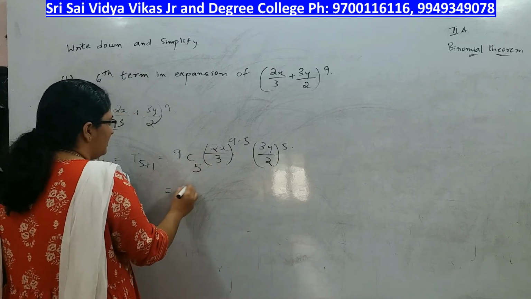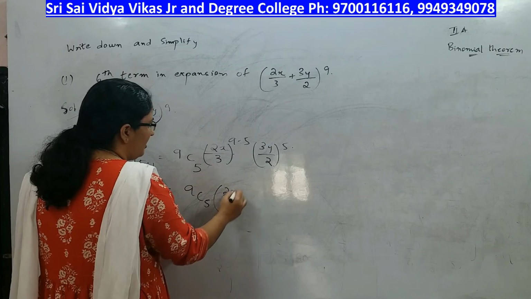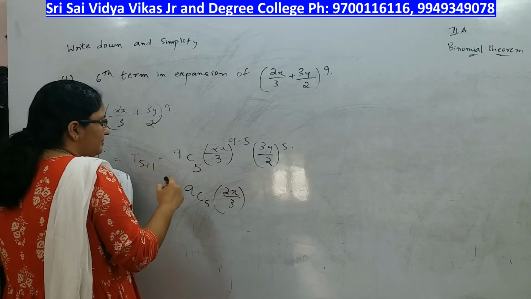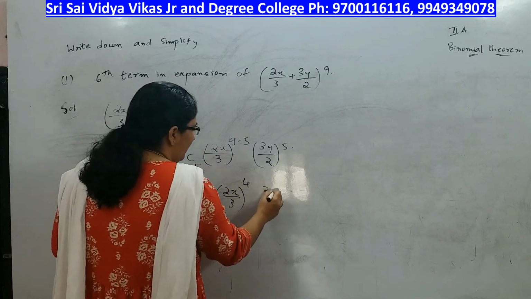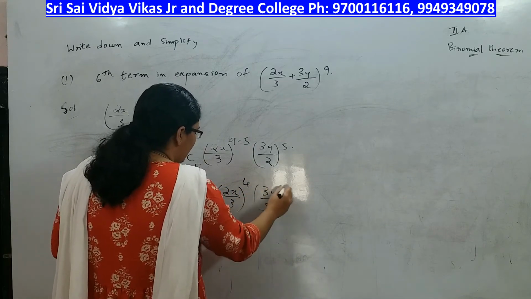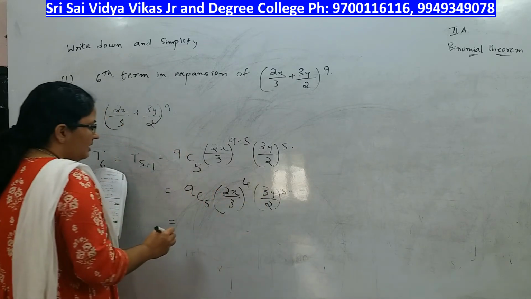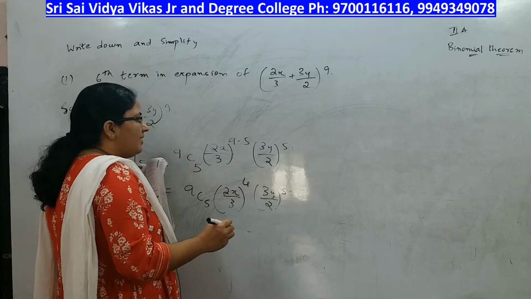That is 9C5 (2x/3) whole power 9 minus 5 is 4, (3y/2) whole power 5, which is nothing but 9C5 is 9 factorial by (9 minus 5) factorial into 5 factorial.